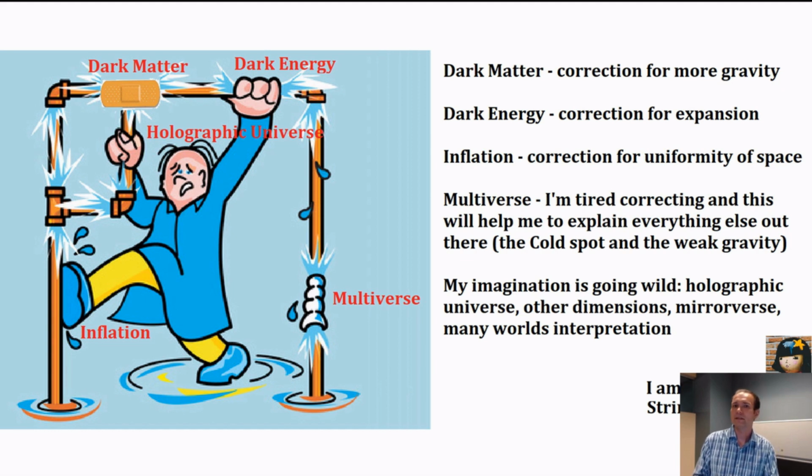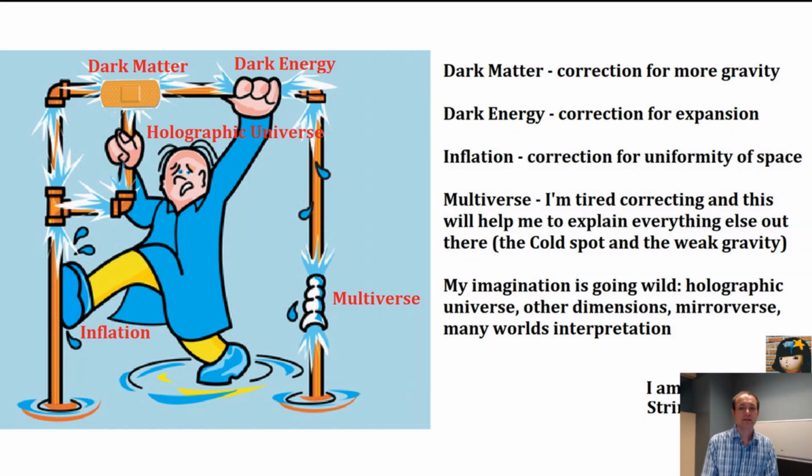So let's invent something new to patch that as well, and that is multiverse. So multiverse essentially says all these critical constants like the gravitational constant and all other constants out there are only specific to our part of the universe, but they can be different in other parts of the universe, and therefore different physics laws will be there, and that could explain all the weirdness we see.